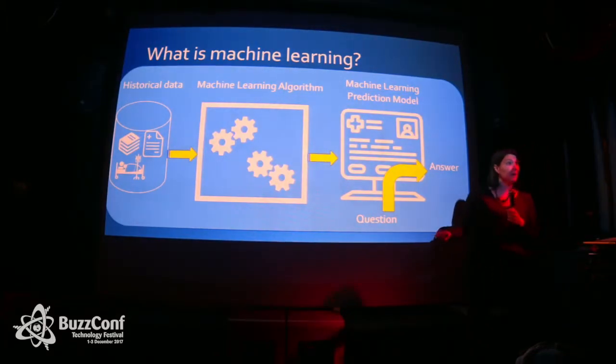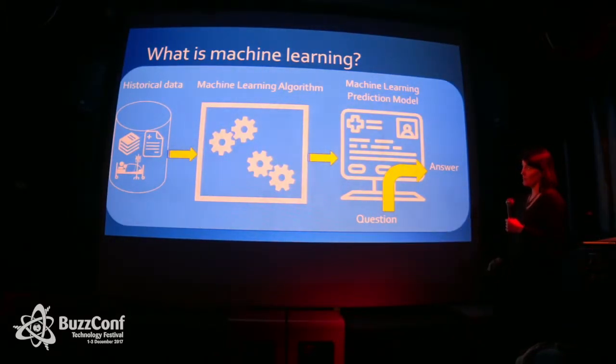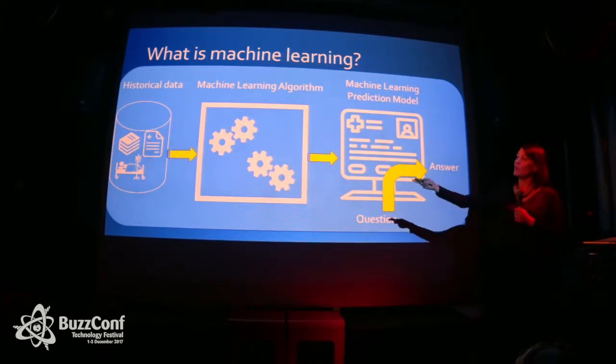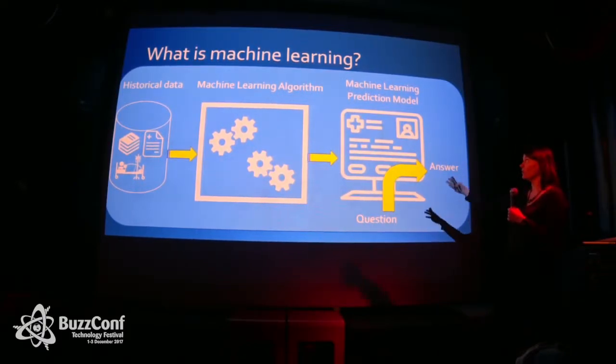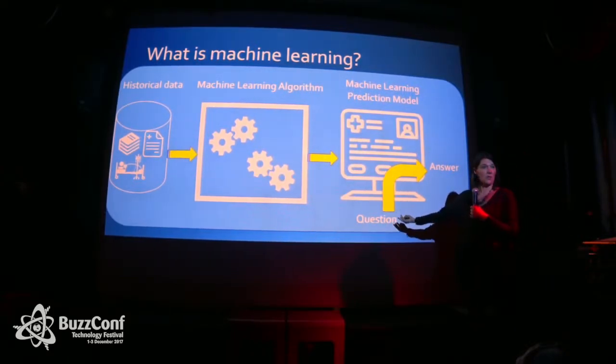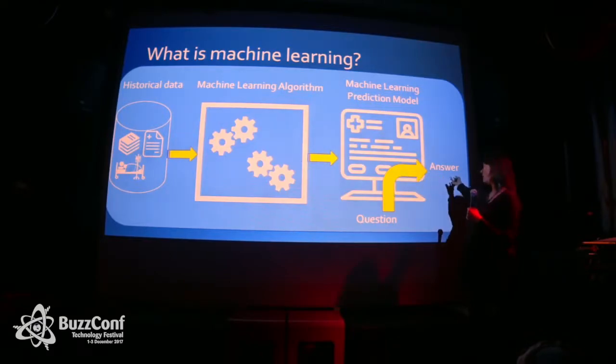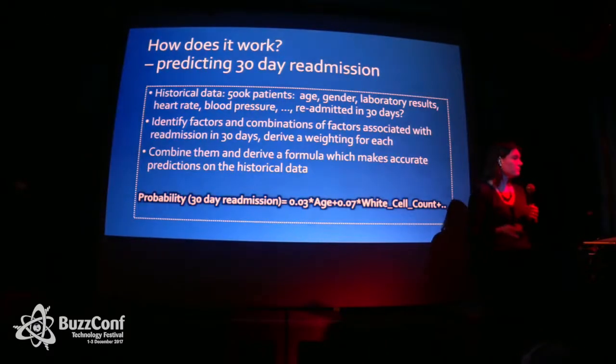The basic setup for machine learning is to look at historical data, so basically look at examples of some solution to an existing problem, and apply machine learning in order to build a mapping from those examples which relate the input characteristics of the data to some particular task that's trying to be solved. We build a predictive model, and then the idea is that in a new scenario we can treat that as a question, run it through our model, and have an answer at the end of it.